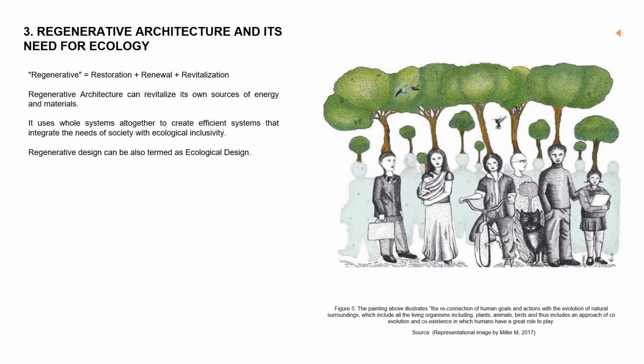Thus, a regenerative design can also be termed as an ecological design, and it may be defined as the need of the present and future, so as to revitalize the resources that man has exhausted.